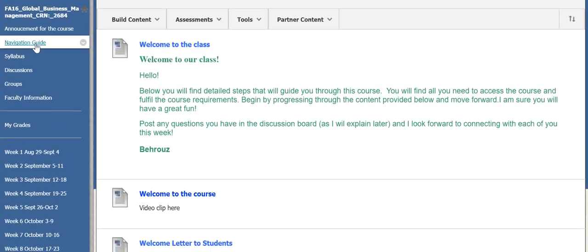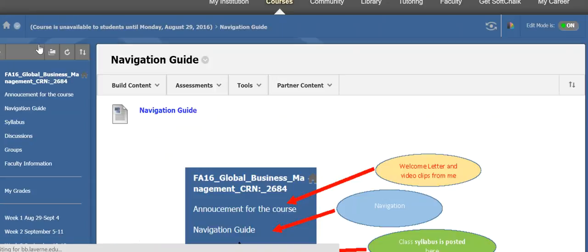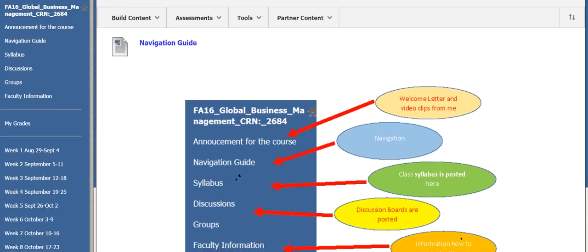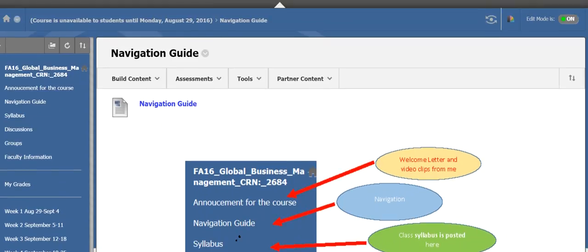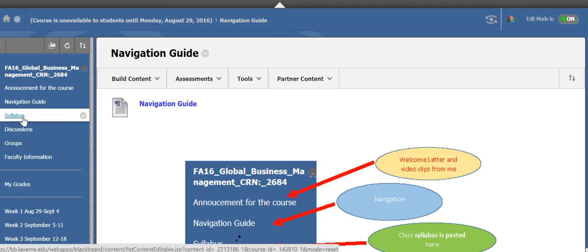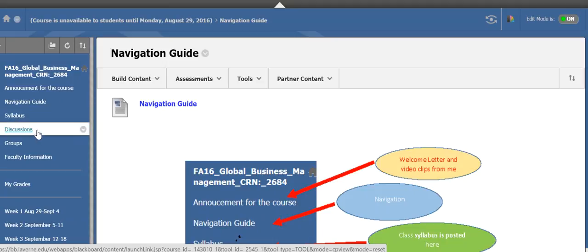The next one is the navigation guide, which gives you information very quickly about where each of these icons is located and what they do. The third one is the class syllabus, which I will go into in more detail in a few minutes.